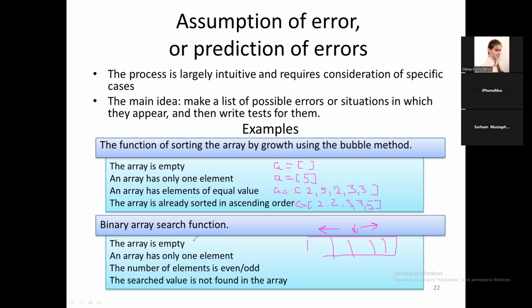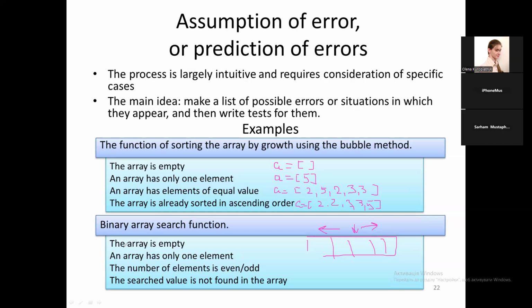The first, the array is empty. In this case, I can't find the middle element. For this reason, this situation is in my list. The second, an array has only one element. This case is similar to the previous. Third, the number of elements is even or odd.